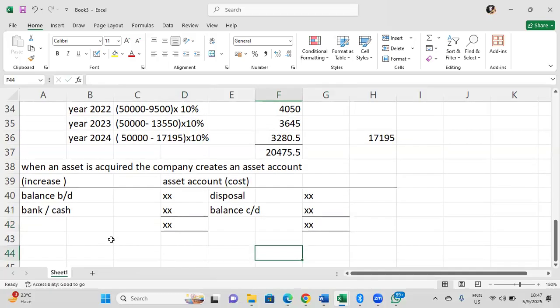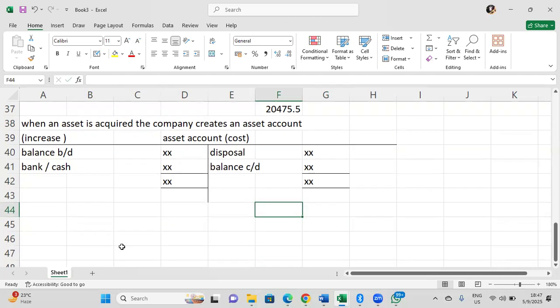So let's move on. From the asset account at cost, we also need to know the format for what we call the provision for depreciation account. I'll just give you the formats, then we can have an example.